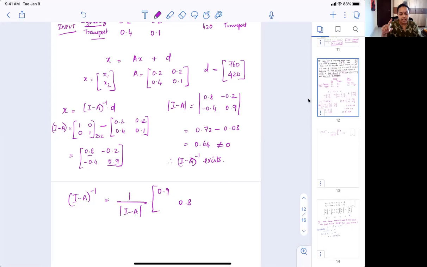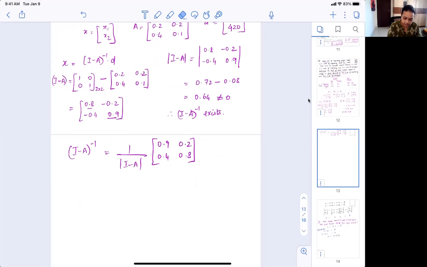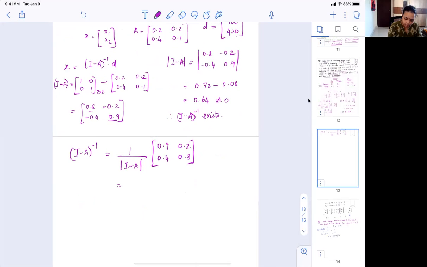And the other off diagonal elements will now have negative sign in front of them. So instead of minus 0.2, we have minus of minus 0.2, which becomes plus 0.2. And this becomes plus 0.4. And the determinant of I minus A is 0.64. So we have 1 by 0.64.